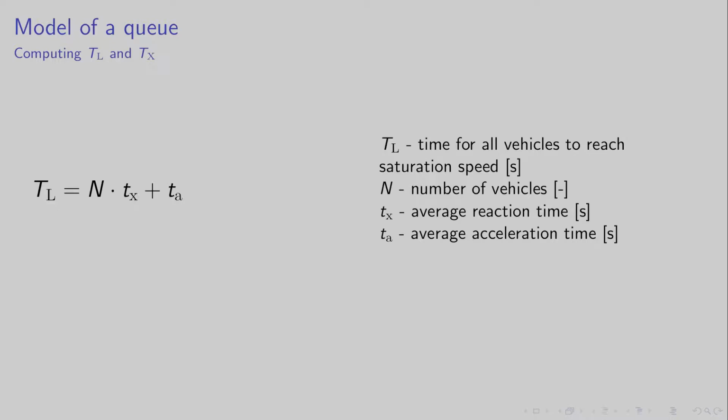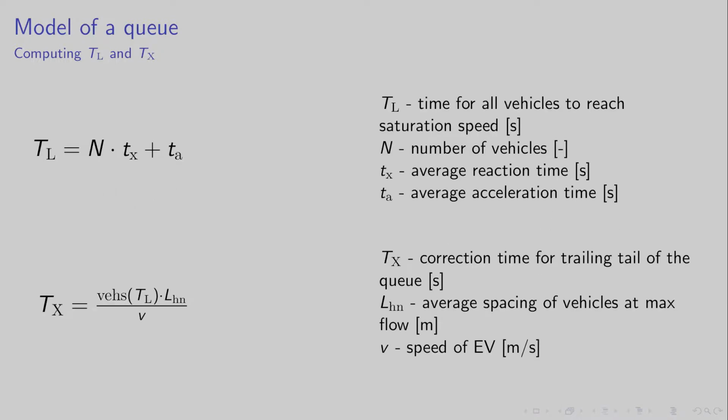What is more important are the parameters derived from the queue discharge model. For time TL, we use the average reaction time of drivers, Tx, and the average acceleration time needed to hit the saturation speed, Ta. Another value we are interested in is the average spacing of vehicles in maximal flow.